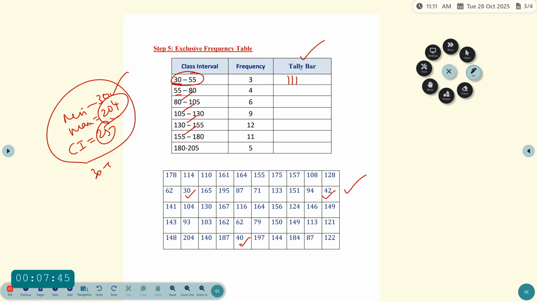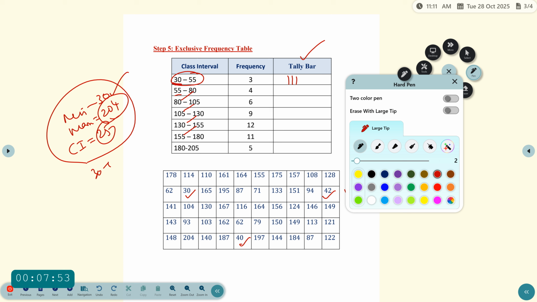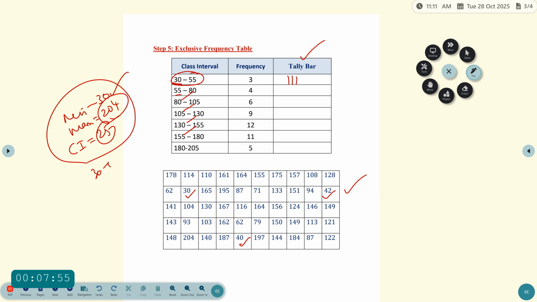Then start from 55 to 80. Count the numbers which lie between 55 and 80. Let us count. Here 62, then 71, then 62 again, three observations.